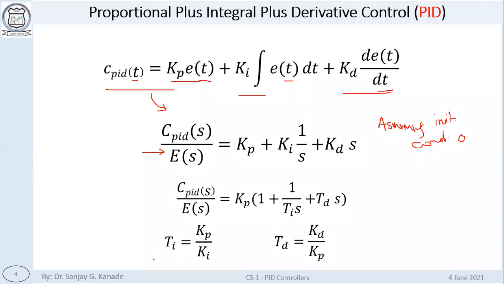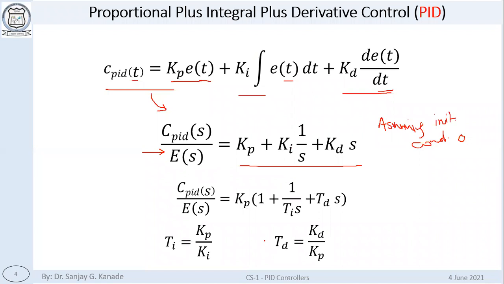Okay, so CPID. Now look at the adjustment here. What is done here? KP is taken common from this equation, even though there is no KP here.